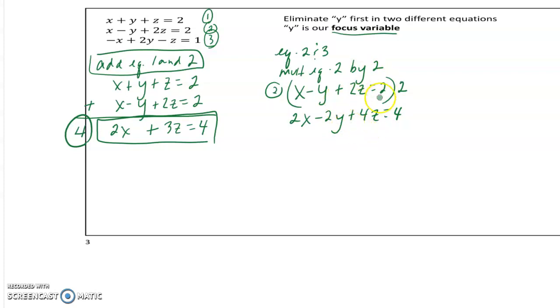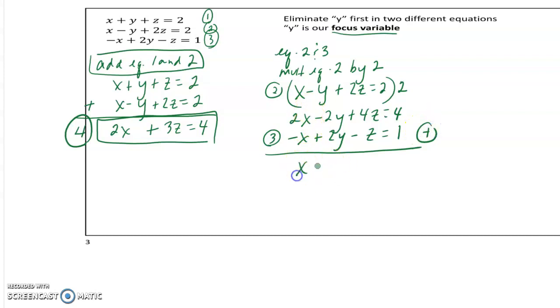And again, I check, did I do my multiplication right? Because if I make an error here, nothing else is going to come out correct. Now I'm going to bring along equation 3: negative x plus 2y minus z equals 1. Again, I'm going to add these 2 together.